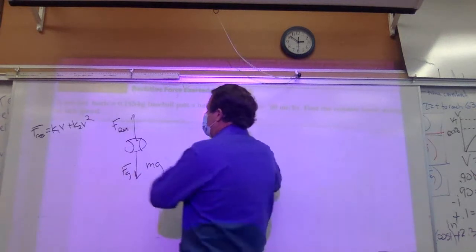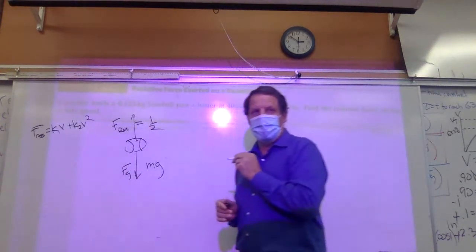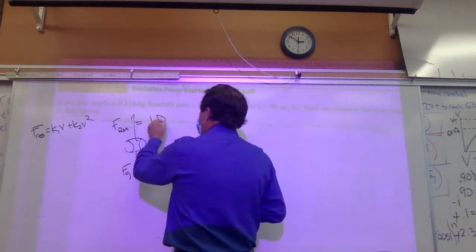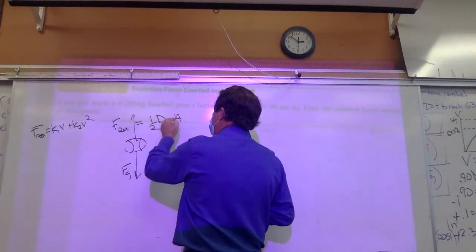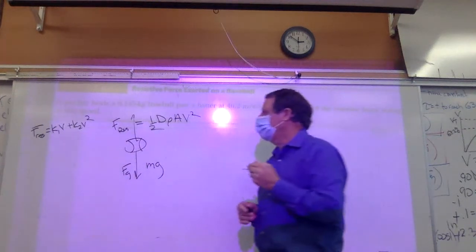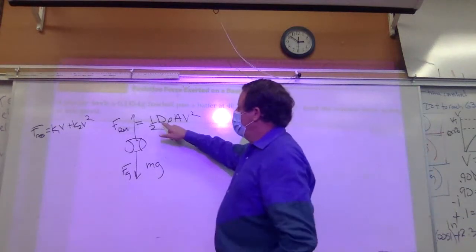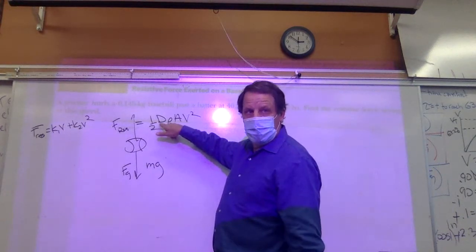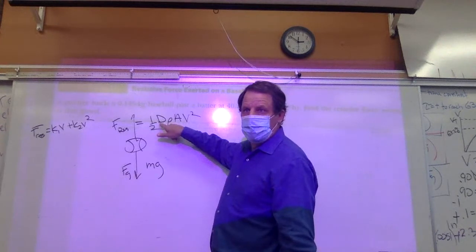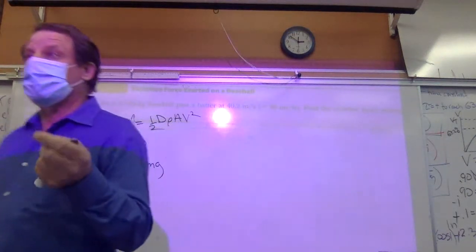All right, so now the resistive force, and I didn't go through the derivation like I did for Model 1, is 1/2 D rho A v squared. This right here is the drag coefficient, D, and that is experimentally determined.